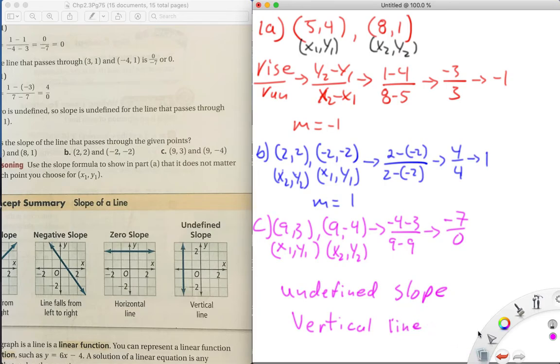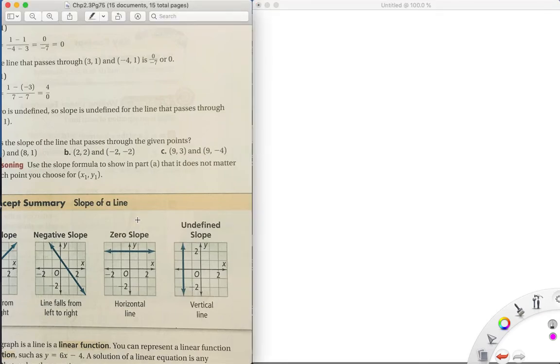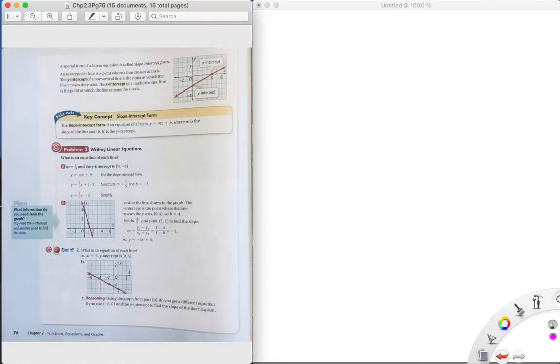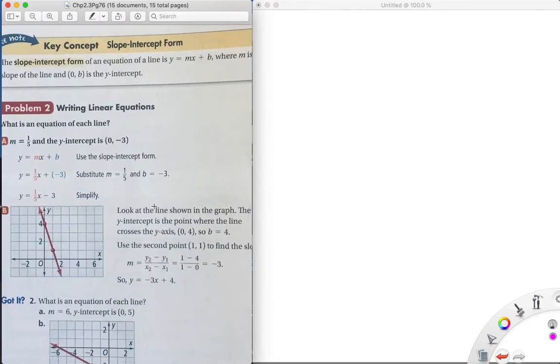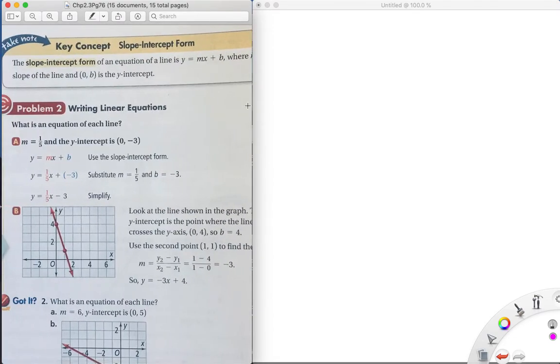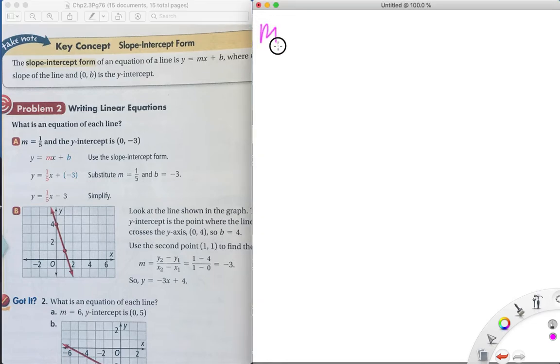Alright, so that's slope. Going to the next section, writing linear equations. In part A, they tell me that we have a slope of 1/2 and an intercept. The y-intercept is (0, -3), meaning this is where it crosses the y-axis.